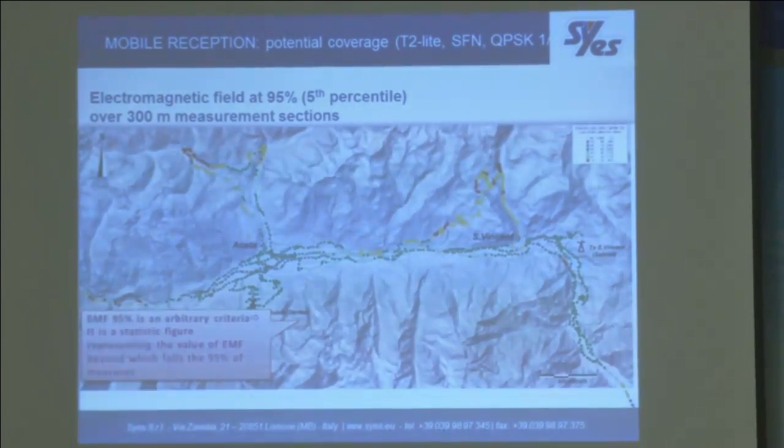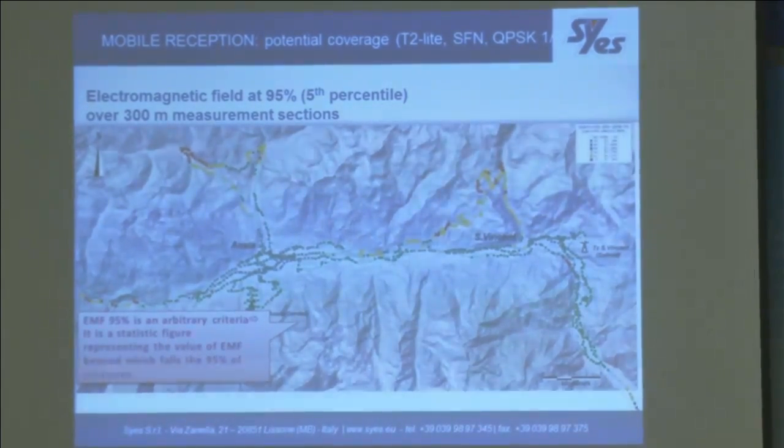We made the calculation with respect to the throughput we want, the area we want to cover, and the carrier to noise we have to support, and then we calculate which is the power we need.